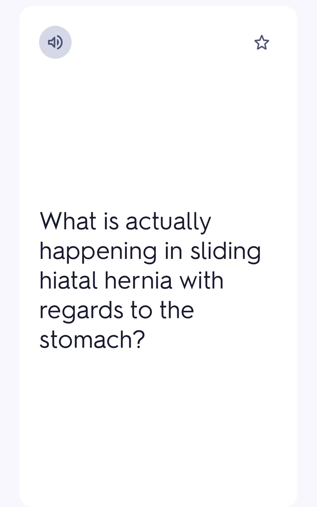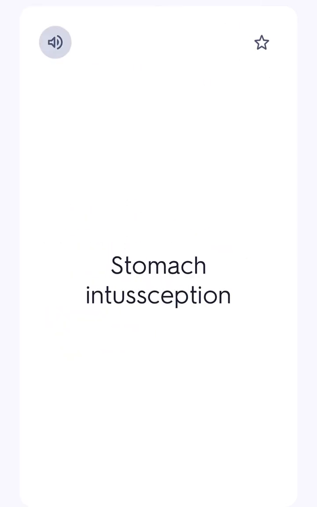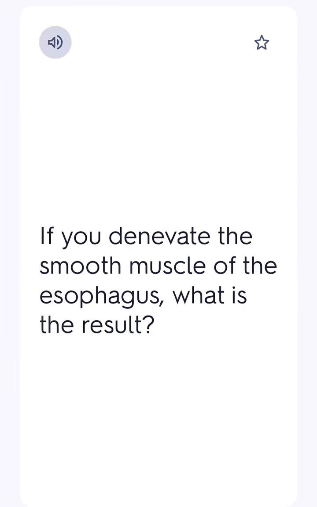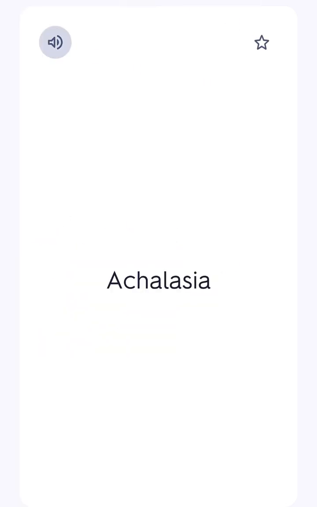What is actually happening in hiatal hernia with regards to the stomach? Stomach interception. If you denervate the smooth muscle of the esophagus, what is the result? Achalasia.